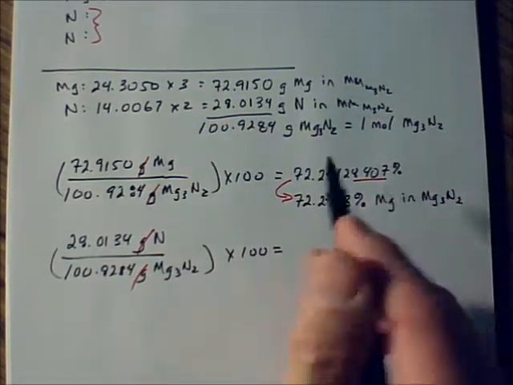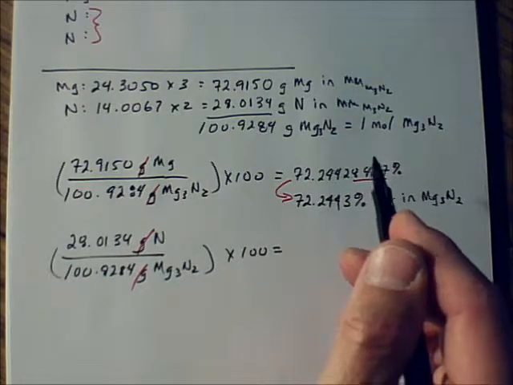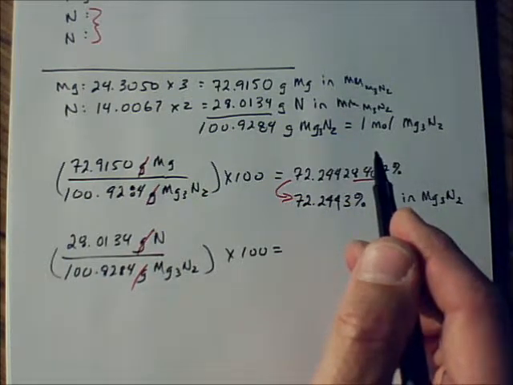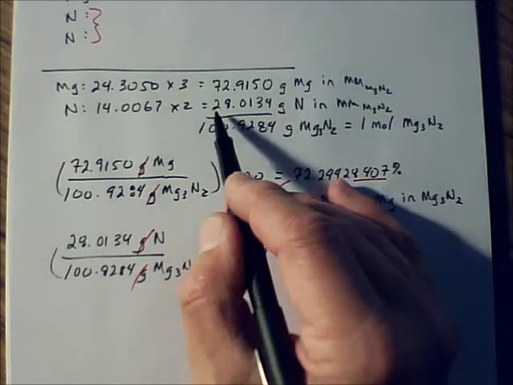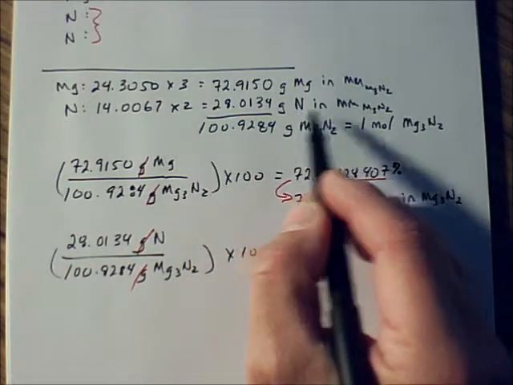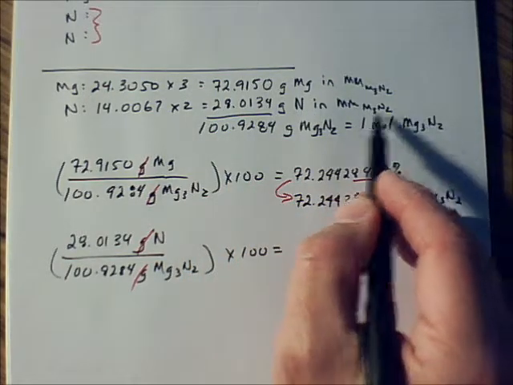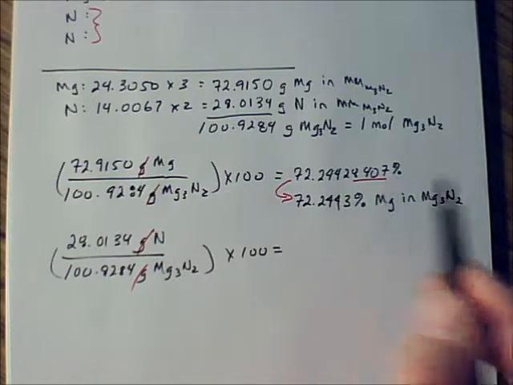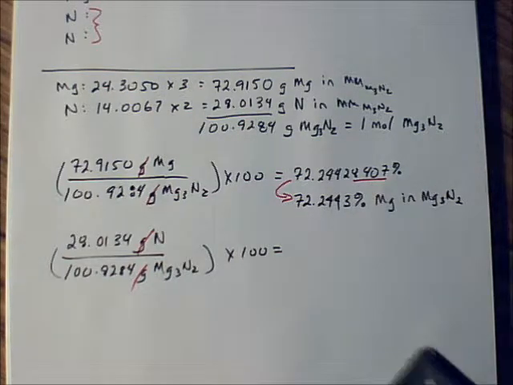That was shorthand for molar mass. So this is the total mass of nitrogen and the total molar mass of magnesium nitride. All right, so we take this number, divide it by that number, then multiply by 100.